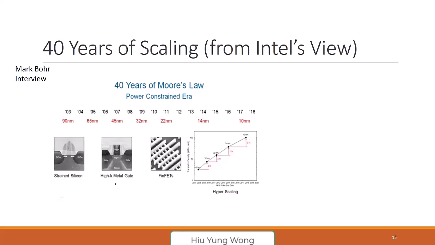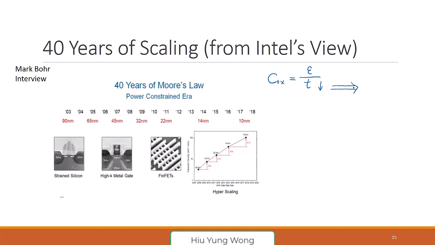So let's go back again. If I have, let me see, a capacitor. As I said, the capacitance is epsilon divided by T. So when I scale it, I keep reducing the T because I want to have a larger capacitance. What happens when I keep reducing the T?